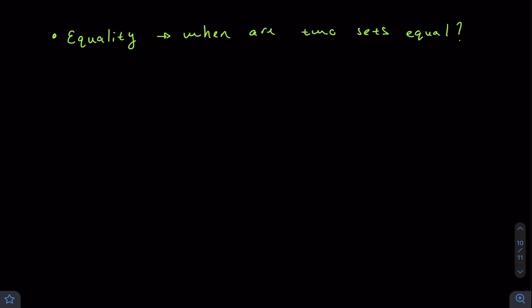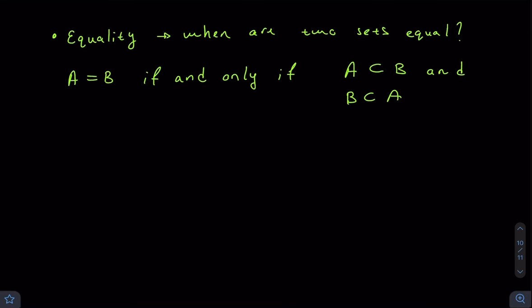So two sets A and B are equal if and only if A is a subset of B and B is a subset of A. This if and only if statement means that if we have this, then this is true, and if we have this, then this is true. So if A is a subset of B and B is a subset of A, then we'll have that A is equal to B, which is pretty neat.